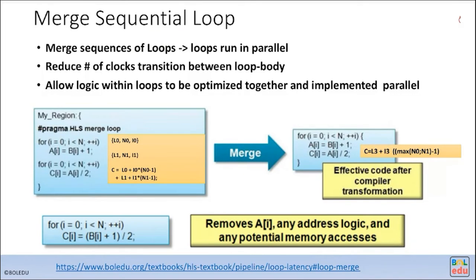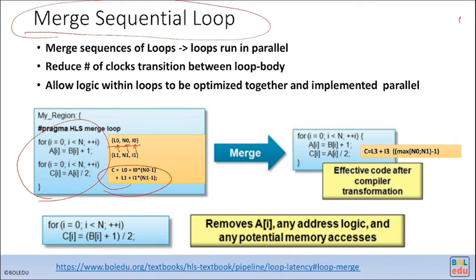Merge loop. We mentioned that for this loop there is an iteration latency, a number of data items, and the II. For these two loops, you take that much latency, but once you merge them, you get this much latency.